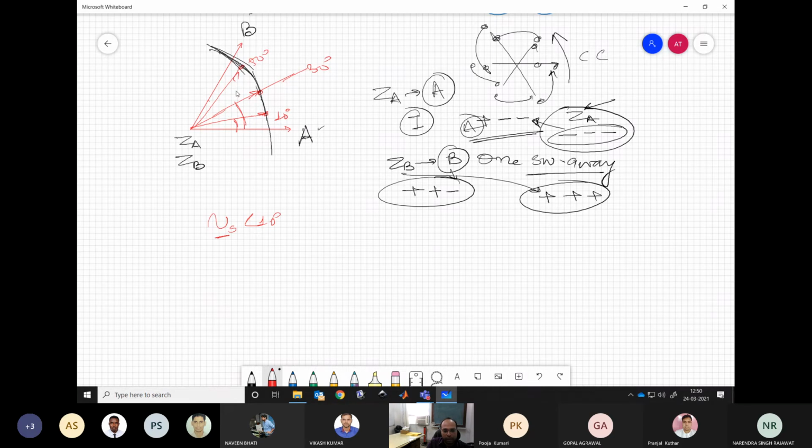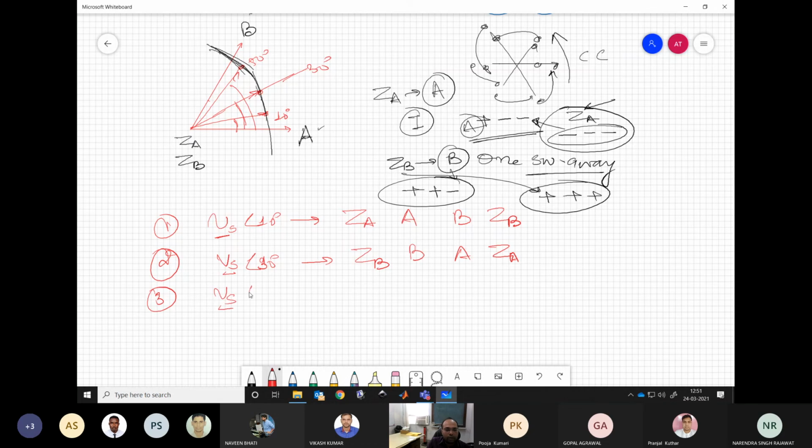So for the first sample, which means for Vs at 10 degree, I apply my vector sequence as this. And then for the second sample, which is Vs at 30 degree, I apply my vectors like this. And for the third, I apply like this.